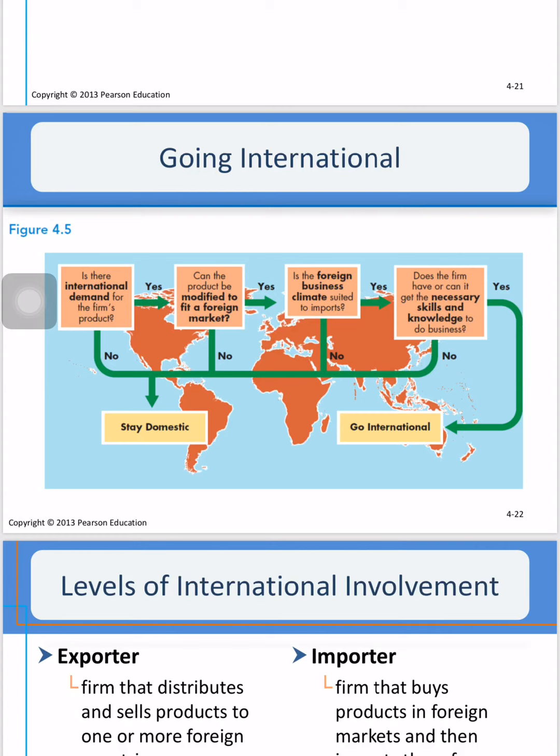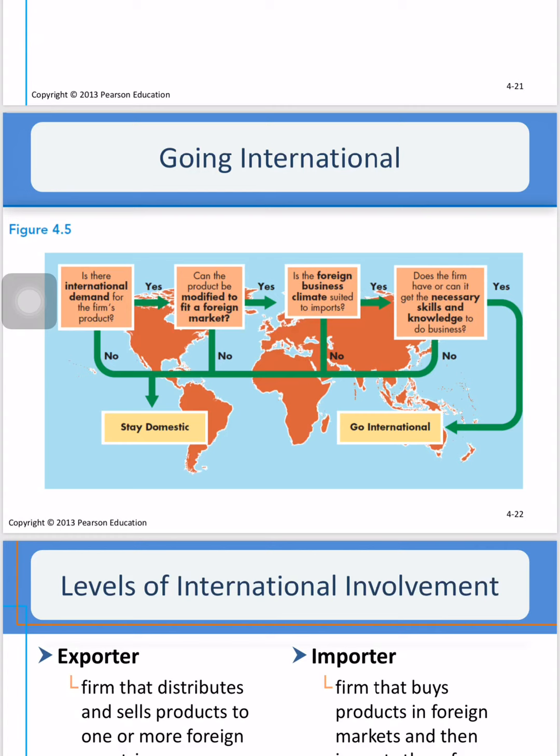Determining the international demand may require market research or observing prior market entry of competitors. Which means the foreign country's demand is higher compared to domestic demand. That's called gauging international demand.